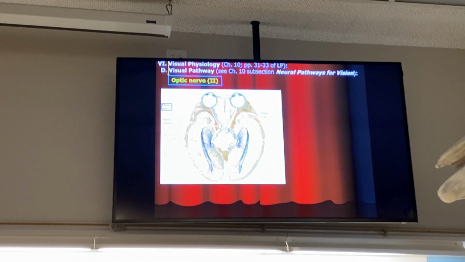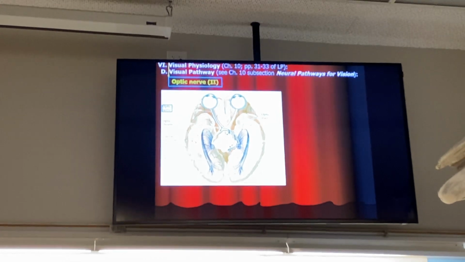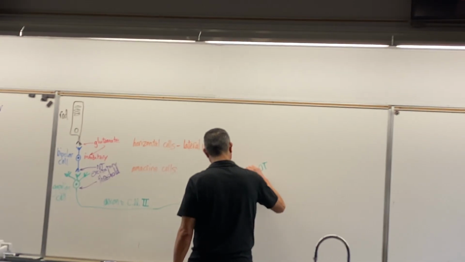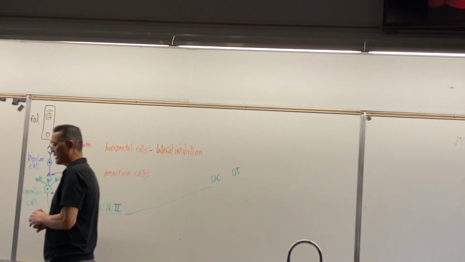All right. Again, all the axons and ganglion cells gather at the optic disc, exit the eyeball as the optic nerve. Then it's the same axon, it's going to go optic chiasm, optic tract. And it's the optic tract that enters the brain.